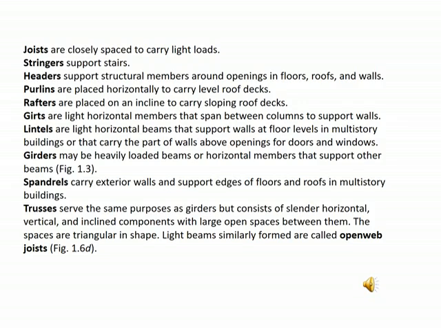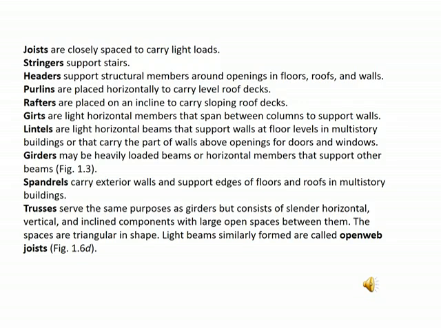Girders may be heavily loaded beams or horizontal members that support the other beams. So the girders are the loaded beams that support the other beams. Spandrels carry the exterior walls at the edges of the floors and roofs in a multi-story building.